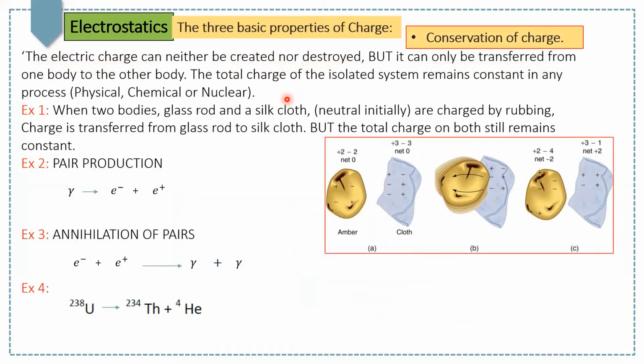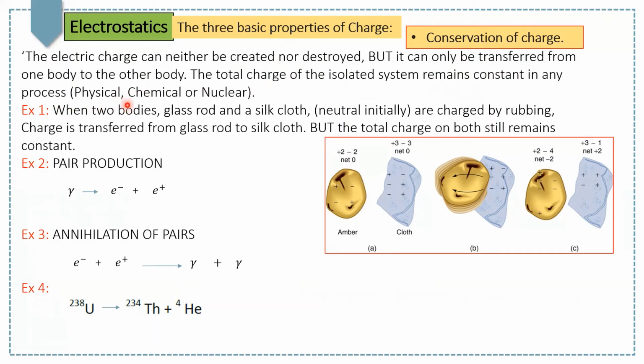The next property is conservation of charge. The electric charge can neither be created nor destroyed, but it can only be transferred from one body to another body. But please keep in mind that the total charge of an isolated system remains constant in any process.